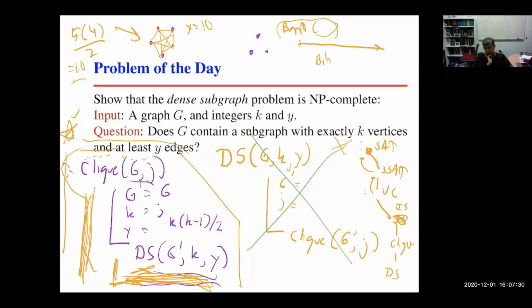Together, these say that vertex cover is at least as hard as SAT is, because if I could do vertex cover quickly, I could do SAT quickly. Independent set must be at least as hard as vertex cover, because if I could do independent set quickly, I could do vertex cover quickly. That's what the chain of reductions is showing us.